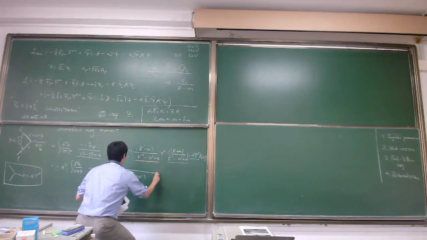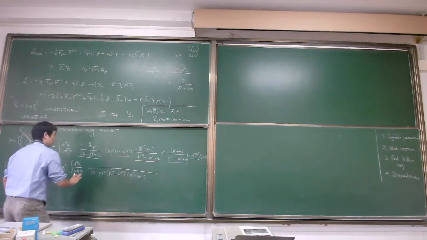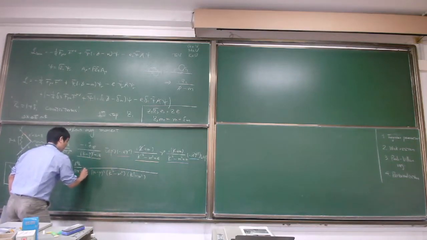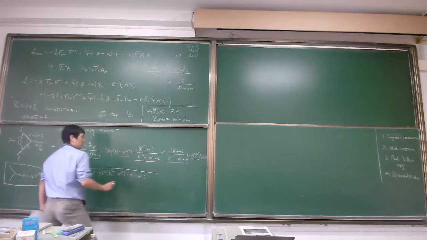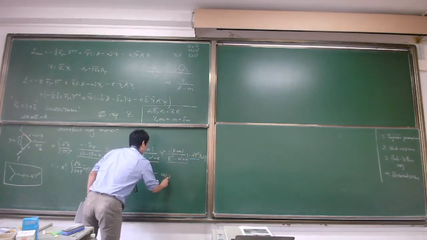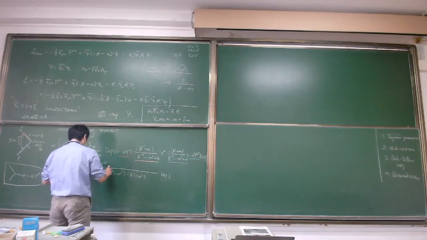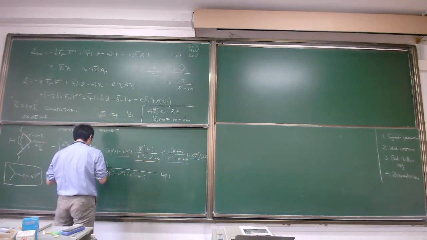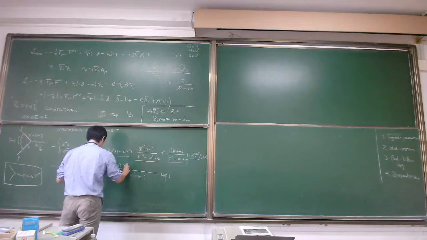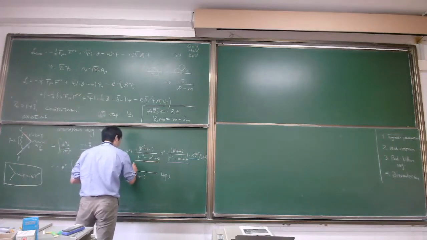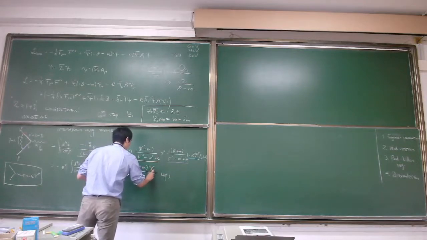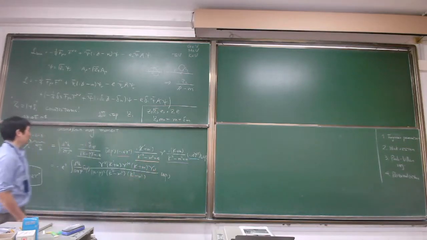So this is the denominator, and the numerator has the u of p prime, u of p, and then the numerator is something like a gamma nu, and then like this.